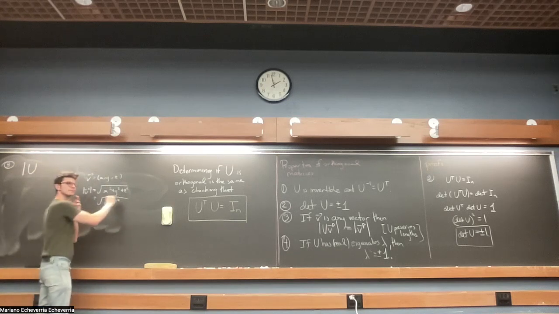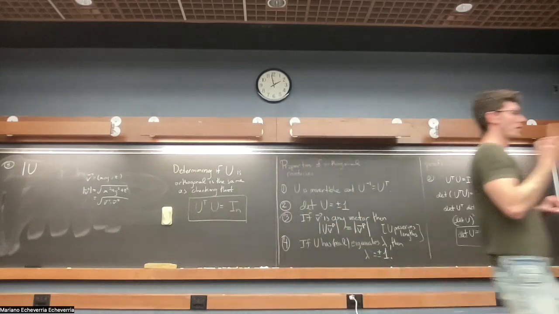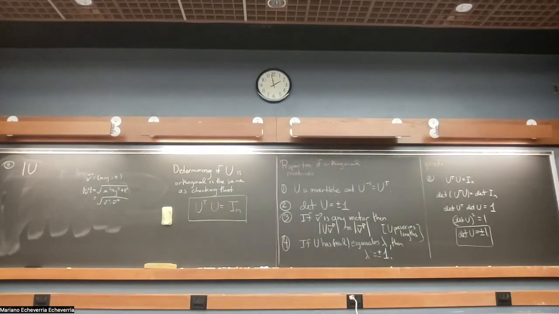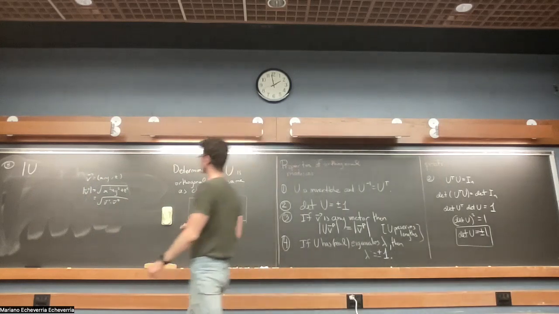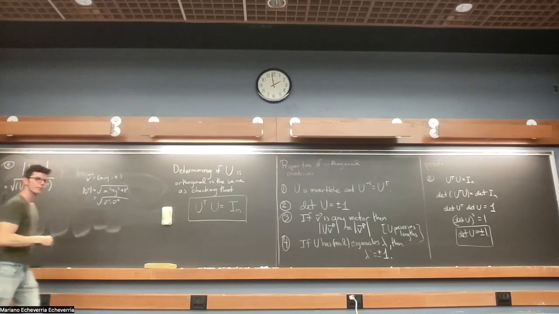Is that making sense? So the length of a vector is the square root of the dot product of that vector with itself. Is that okay?